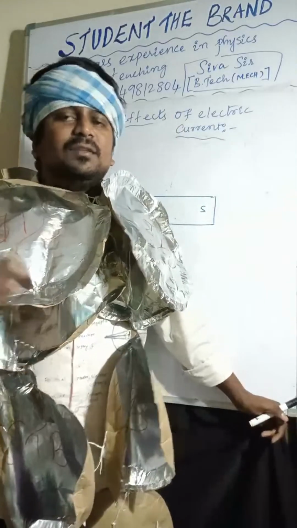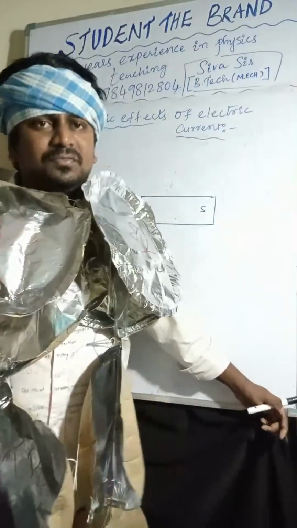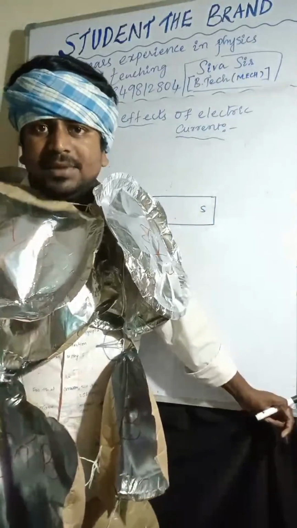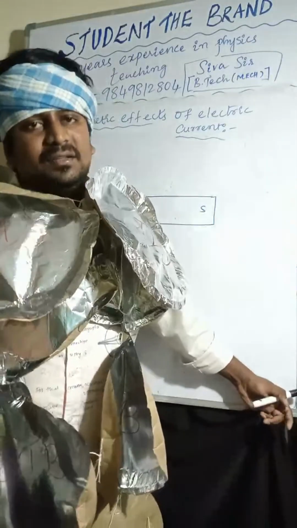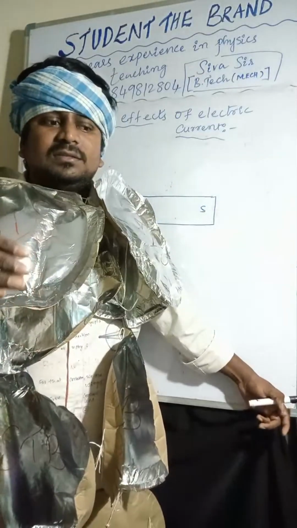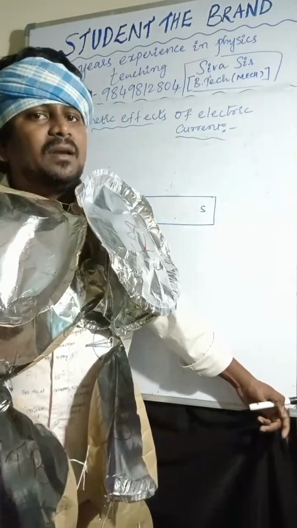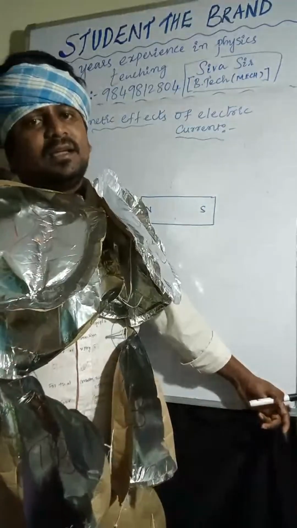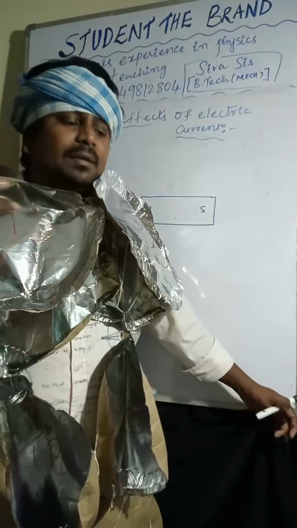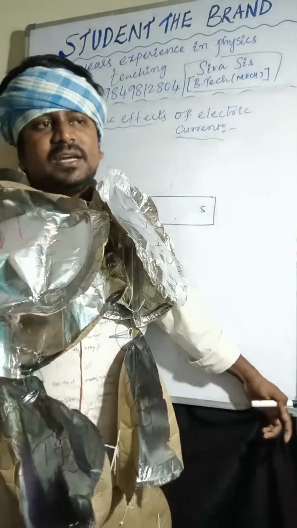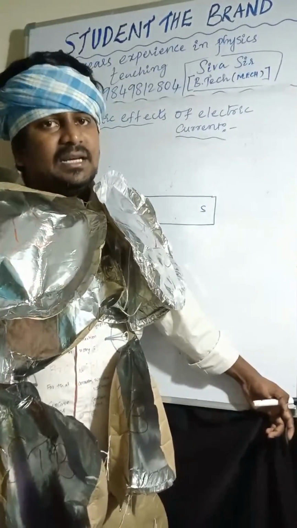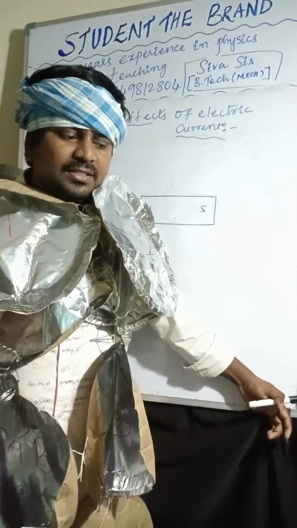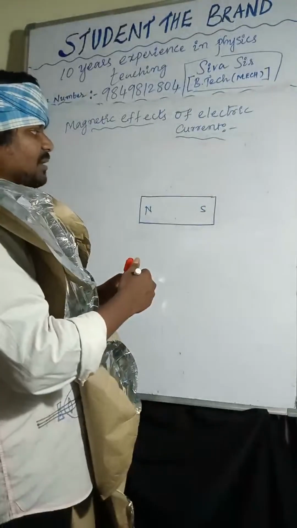Only within a certain distance will the magnet attract the magnetic material. The magnetic field will be in the form of magnetic field lines.